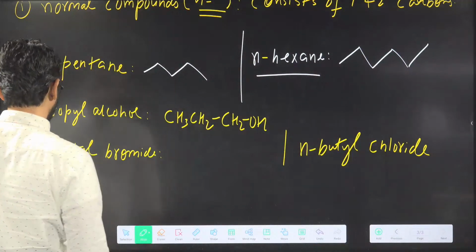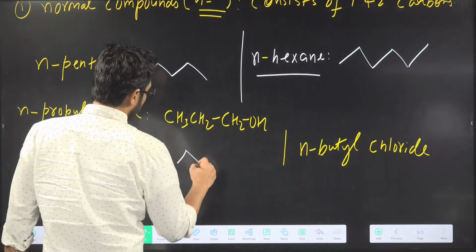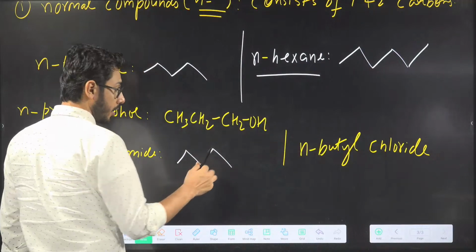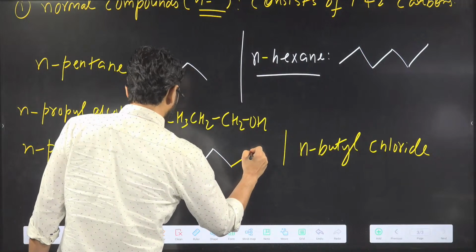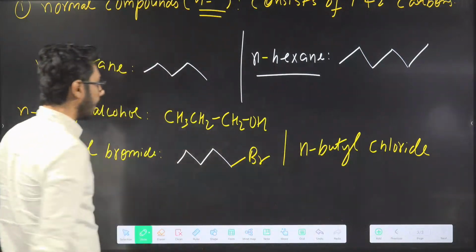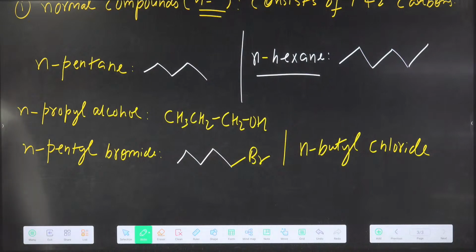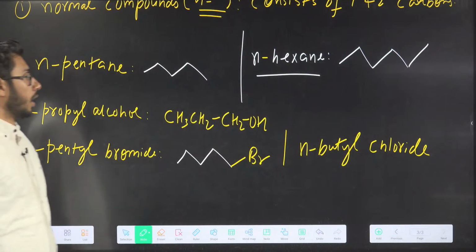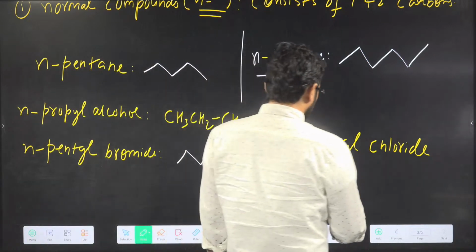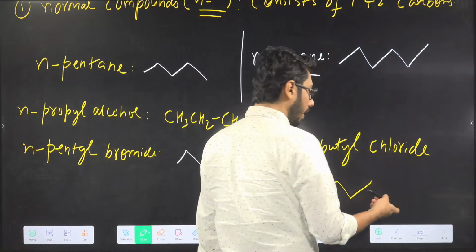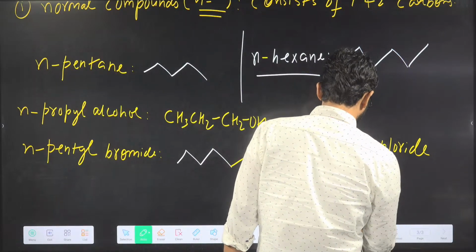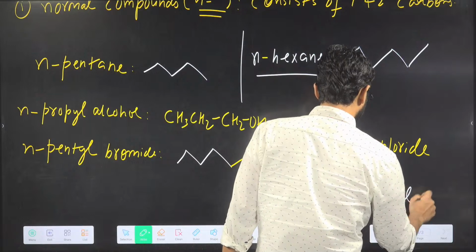Before I write, your answer should be there in your notebook. This is 5 carbon straight chain. On the terminal carbon, Br group is there. This is N-pentyl bromide. Then N-butyl, straight chain of 4. On the terminal carbon, which is bonded, Cl, that's it.